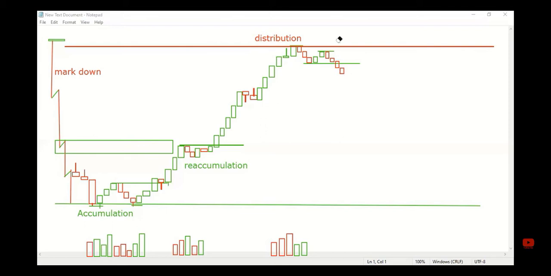After that, the market may start going up again, like this. Sometimes it finally breaks this level also and the market goes up. There are some reasons here. This is called the false trend. The market may create this type of false trend also.